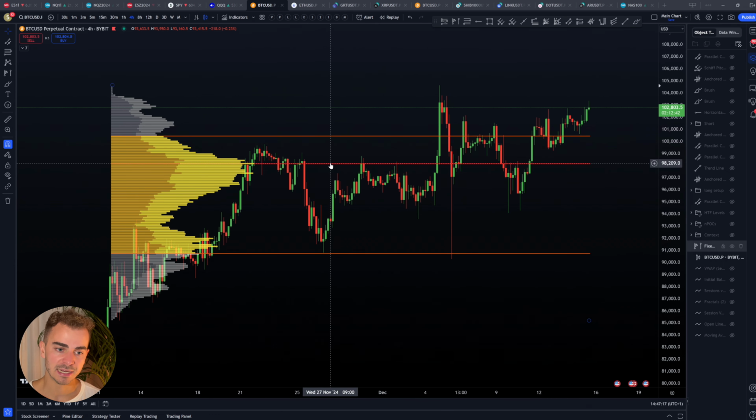Now this red line is the point of control, and that means this is the highest amount of volume that has been traded horizontally in this range where I anchored this fixed range. So for us traders, it's extremely important to merge our technical analysis like supply and demand zones, previous highs and lows, but also look at volume analysis like fixed range tools.